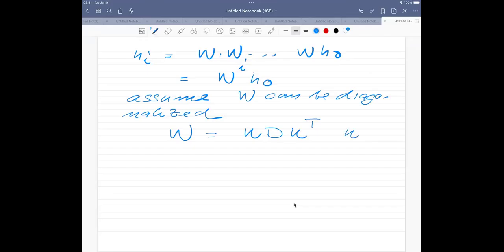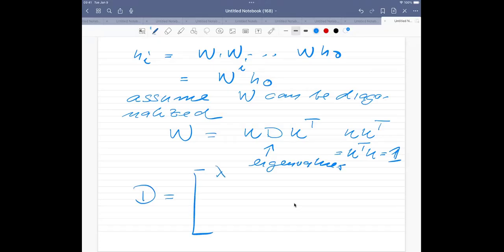This is a unitary or orthogonal transformation where we know that the product simply equals the identity matrix. And D is diagonal, so that contains the eigenvalues of W. This is the eigenvalue matrix. And we say now that D has eigenvalues which go from lambda 0, lambda 1, down to, let's say, lambda m. So we assume now that the matrix has dimensionality m plus 1 times m plus 1, okay?